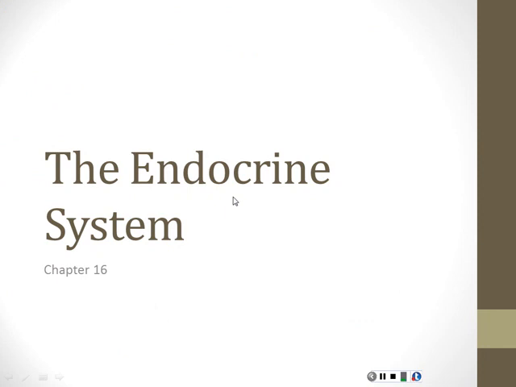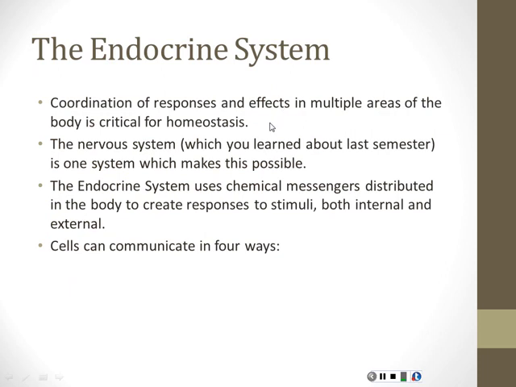This system operates by the use of chemical messengers, chemicals that are released in one part of the body that have effects on cells at a distant part of the body. Why do we have these command and control systems? The body has to intelligently respond to change.